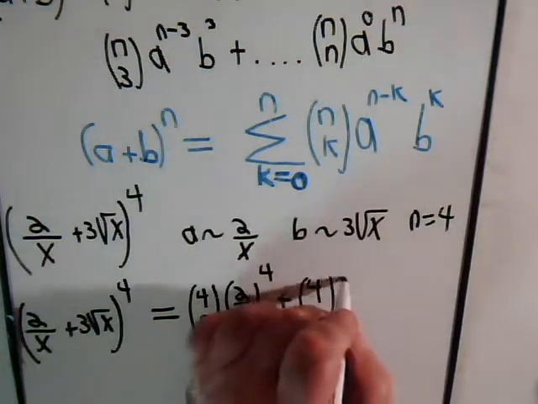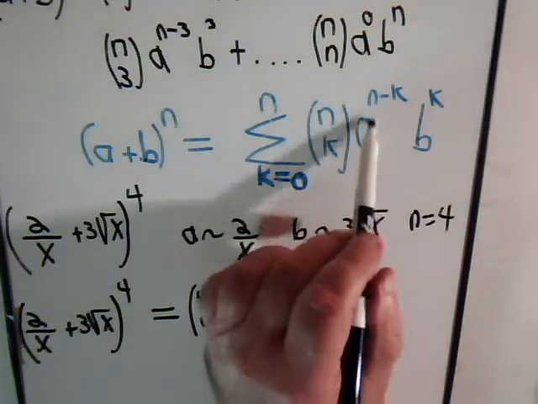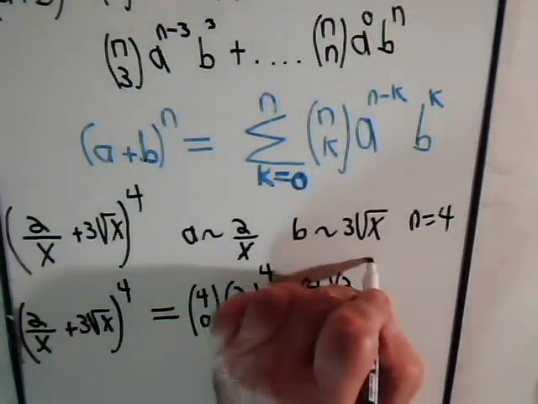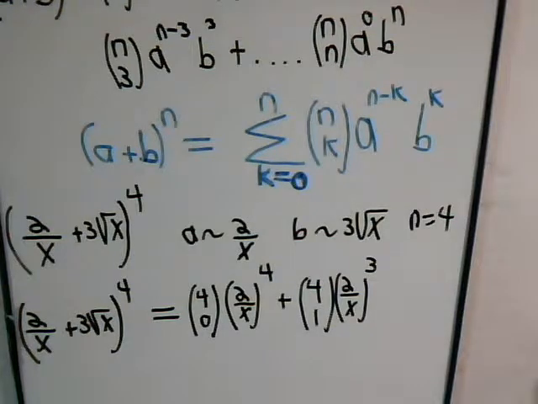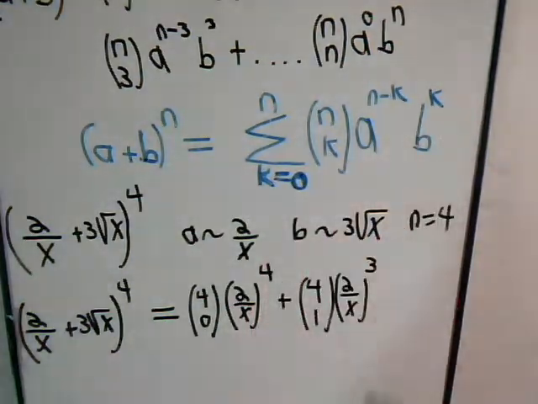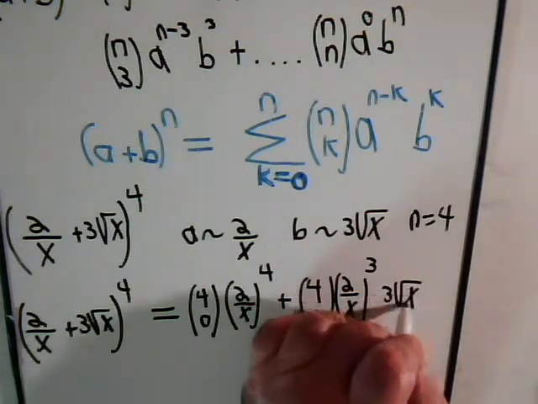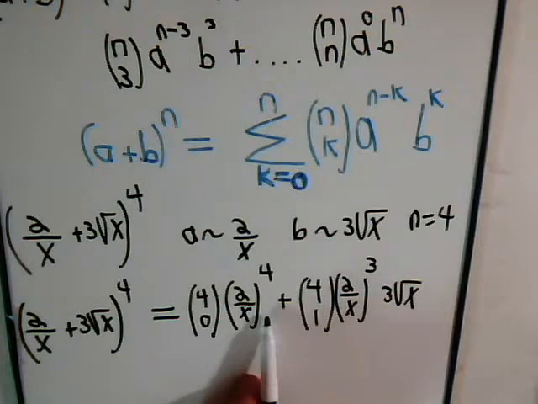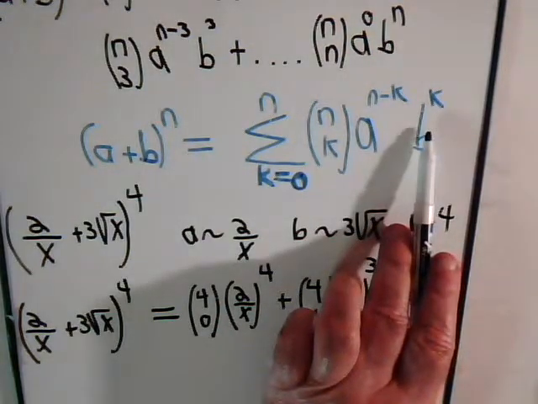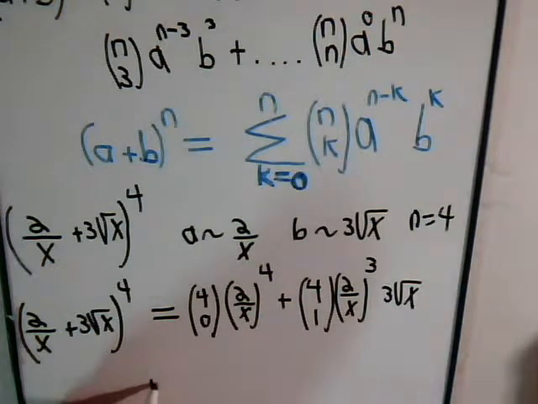So this term now is going to be the 4 minus 1 power, or that's cubed. And now our b term, which is this, will be to the 1st power. In here, our b term, since k was 0, was to the 0 power, which is just 1. That's how we don't bother writing it in. Okay, let's continue.